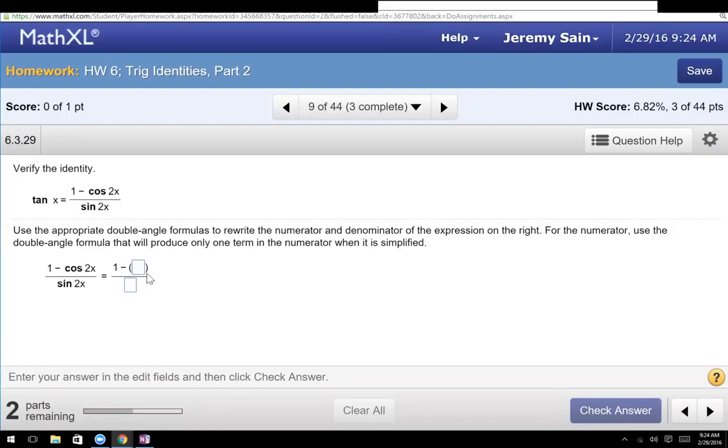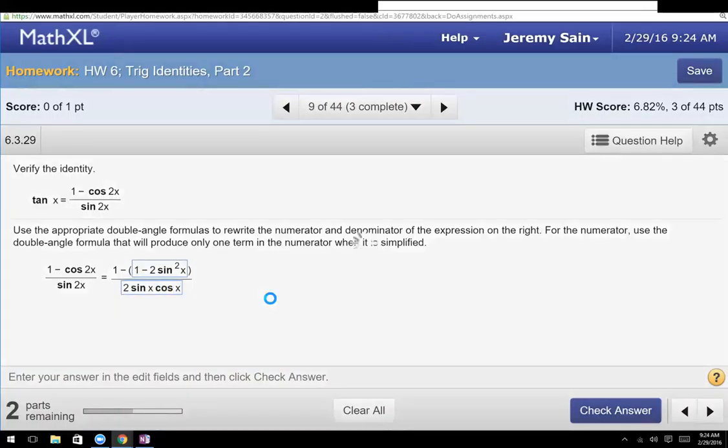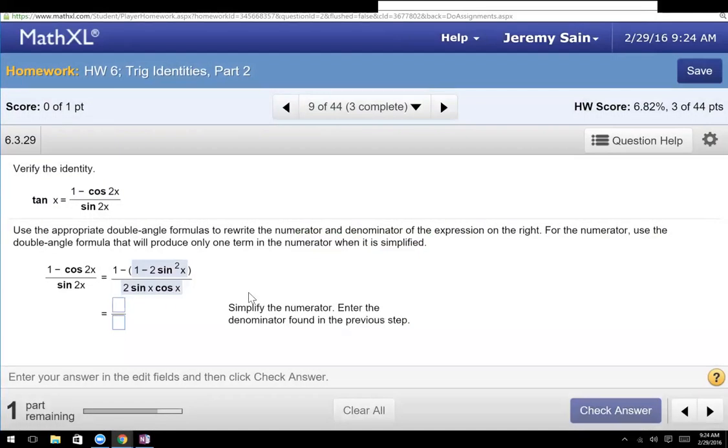So the one that has a positive 1 in it is 1 minus 2 sine squared x. And then what's the formula for sine 2x? That would be 2 sine theta cosine theta. Yeah, 2 sine cosine x. Boom. And now they magically cancel.